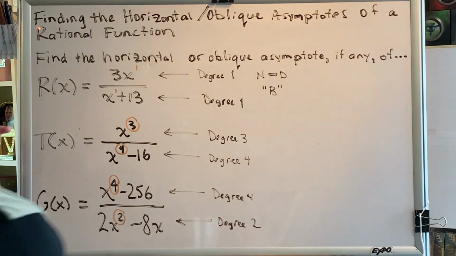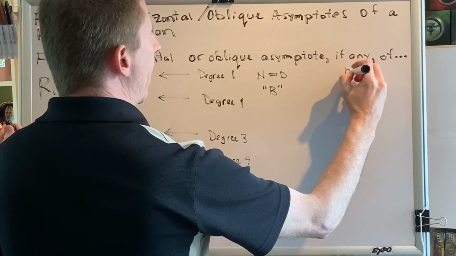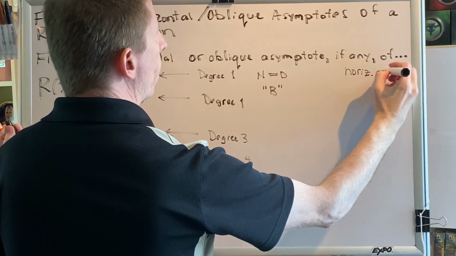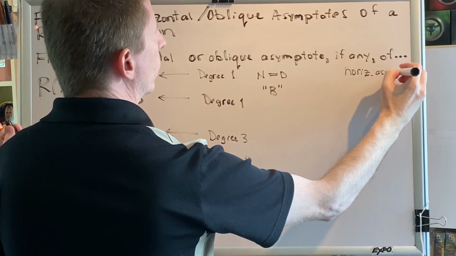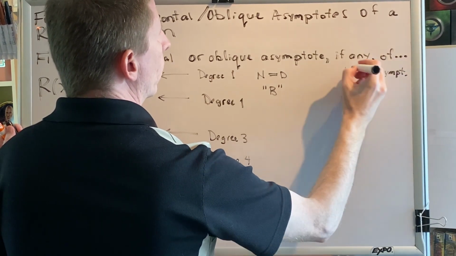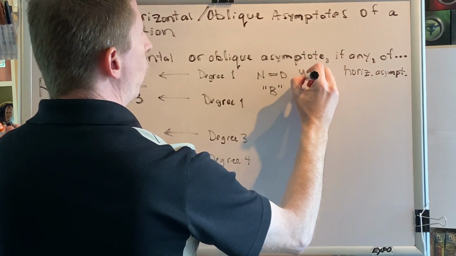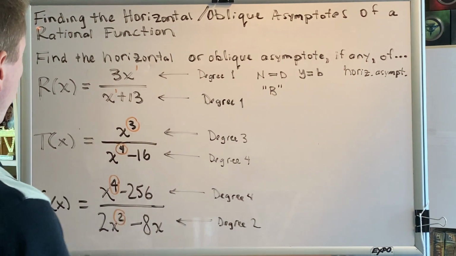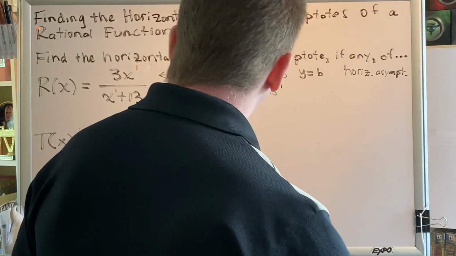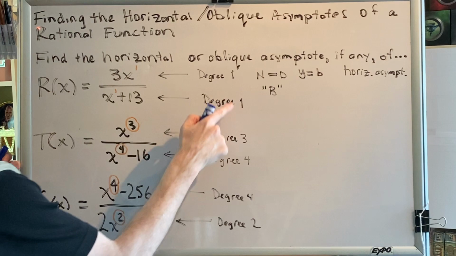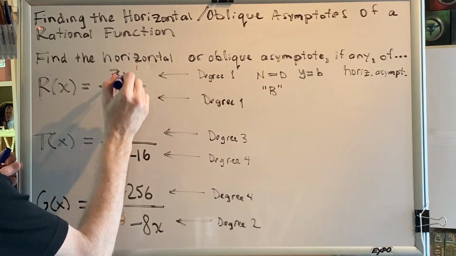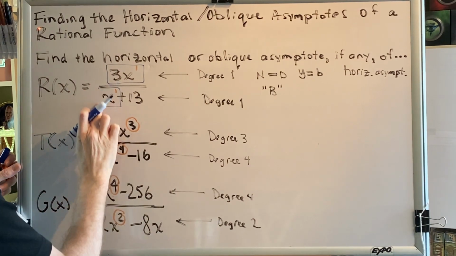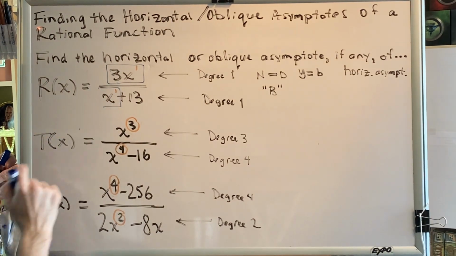So let's go ahead and write that we know that we have a horizontal asymptote. We know that its equation will be y equals b, and we just have to determine the value of b. So we look at the terms that gave us the degree of 1 for the numerator and the denominator, which would be this term and this term. And specifically, we look at the coefficients of those terms.